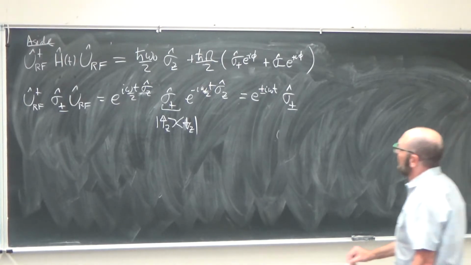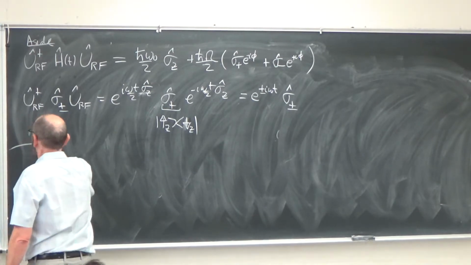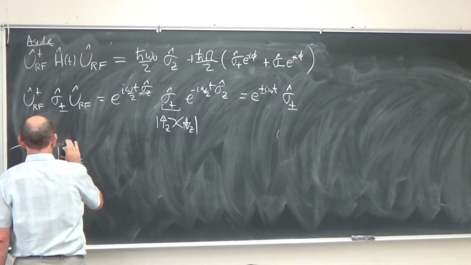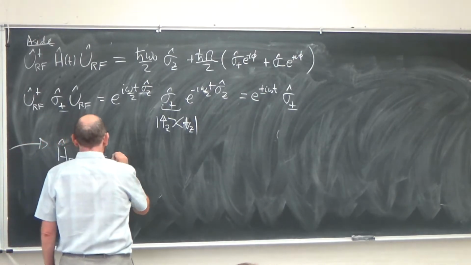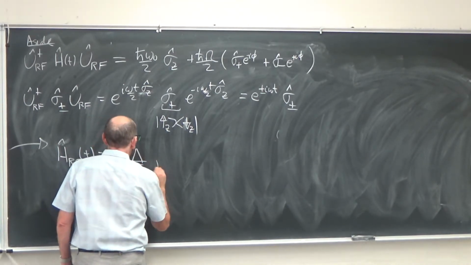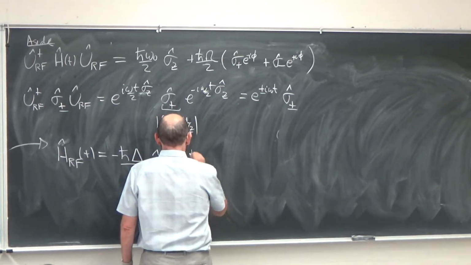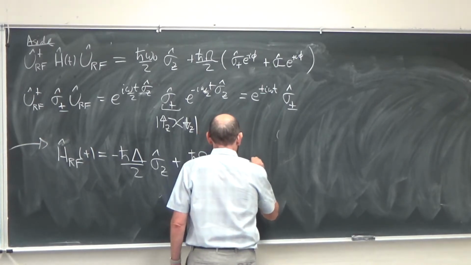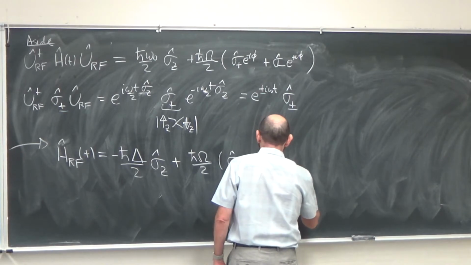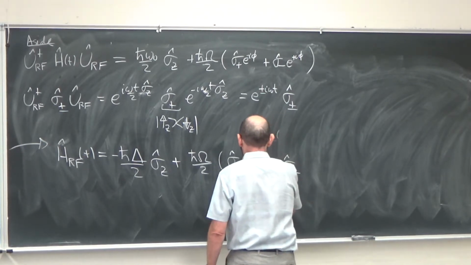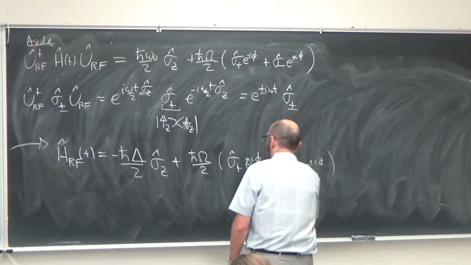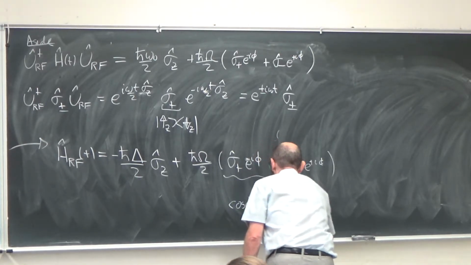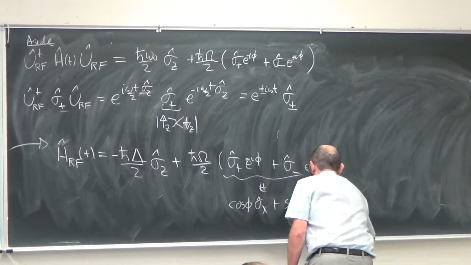And thus, we have, importantly, the Hamiltonian in the rotating frame is equal to minus h bar delta over 2 sigma z plus h bar omega over 2 sigma plus e to the i phi plus sigma minus e to the plus i phi, which is equivalent to cos phi sigma x plus sin phi sigma y.